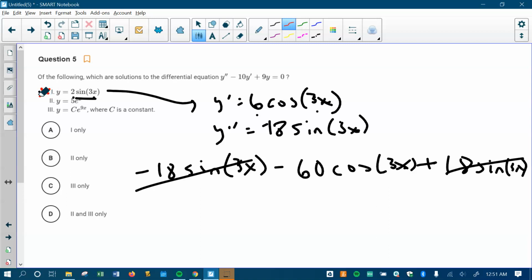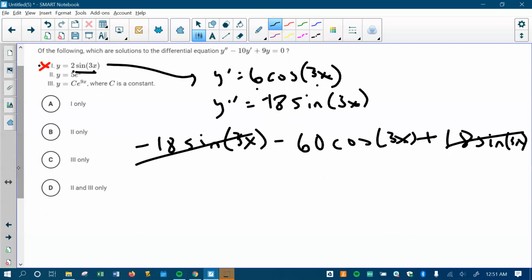So let's try number 2. All right, number 2, I'll do in green. All right, let's do y prime. That's equal to 5 e to the x. Y double prime is 5 e to the x. That's a little bit easier.